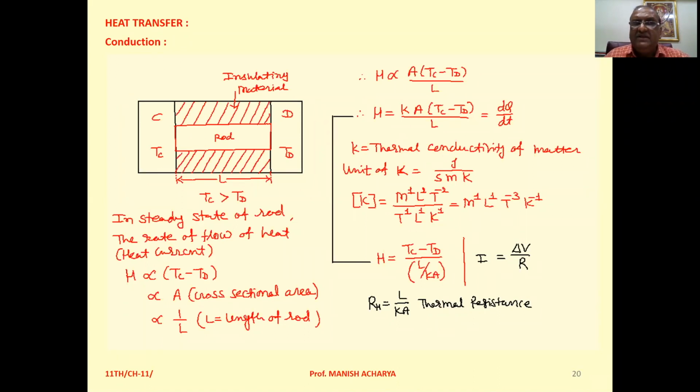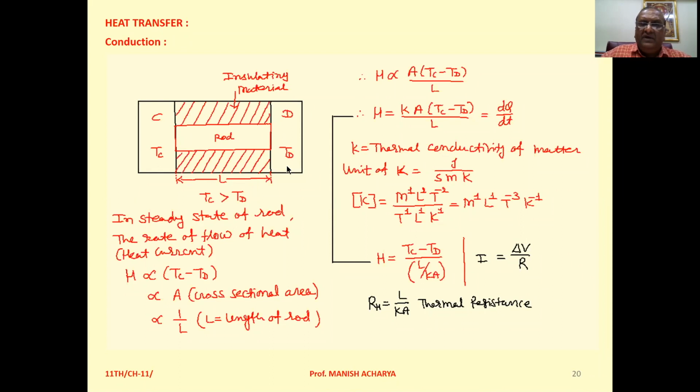Now let's derive the equation for the heat current. Suppose here, as shown in this figure, we take one conducting rod and its sides are perfectly insulated. One end of the rod is placed in contact with the system C, which is at higher temperature TC, and the other end of the rod is in contact with system D, which is at lower temperature TD.